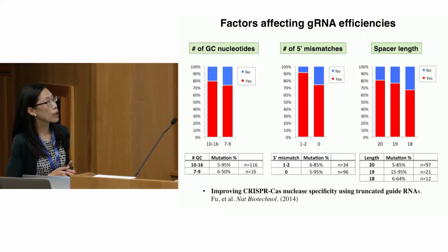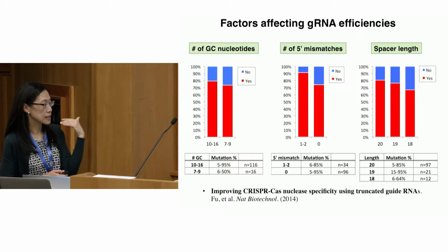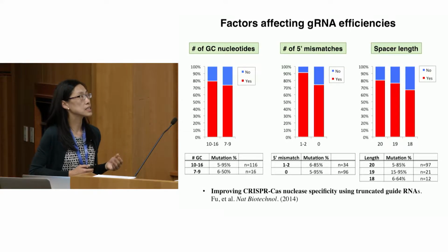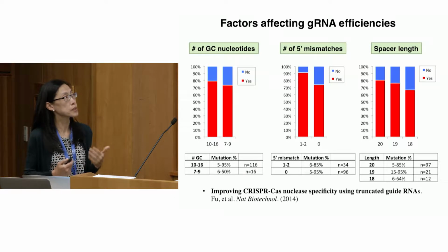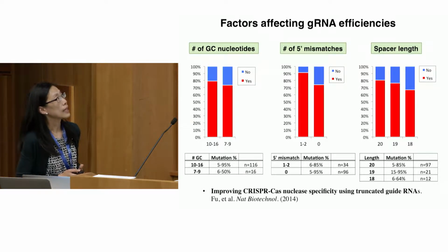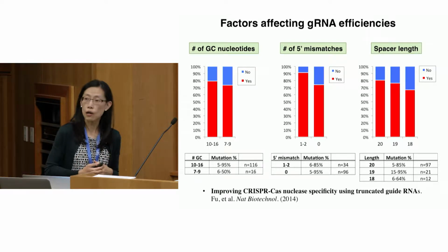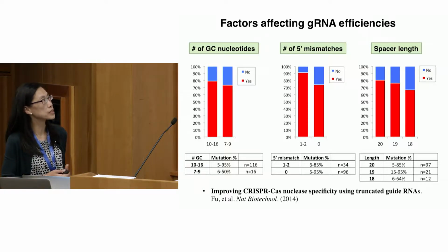In these graphs, the blue bar shows the guide RNAs whose mutation efficiency is under 5%, and the red bar shows the guide RNAs that can induce more than about 5% mutation efficiency. In the first comparison, we look at the number of GC nucleotides, because I think other studies suggest that the percentage of GC nucleotides is important for guide RNA efficiency.